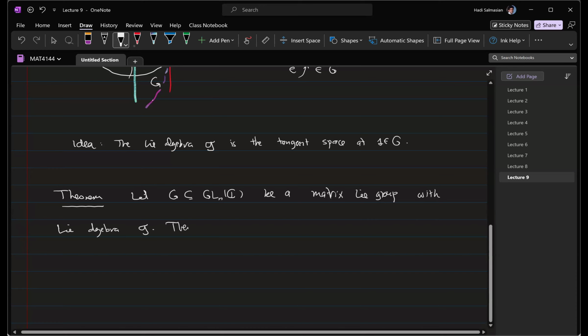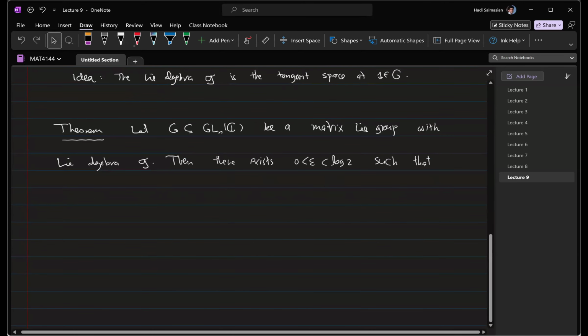Then there exists some epsilon between 0 and log 2 such that if we define U epsilon to be the set of X in M_N(C) such that the Hilbert-Schmidt norm of X is less than epsilon, and if we define V epsilon to be the e to the X's with X in U epsilon, then the following hold.